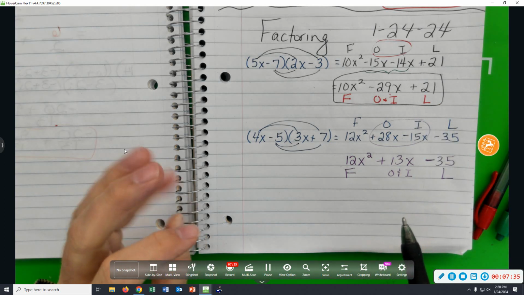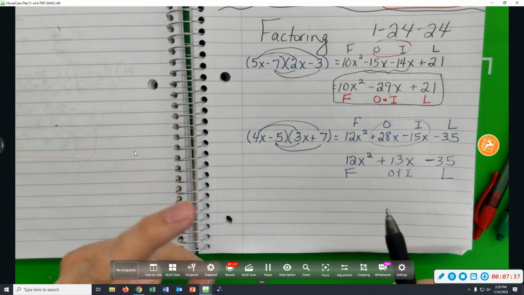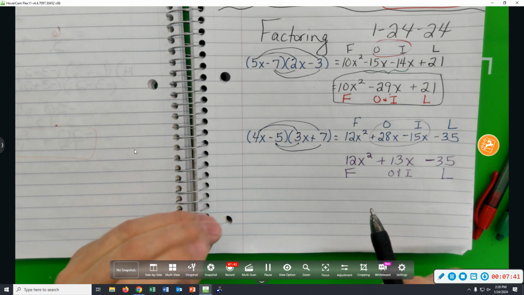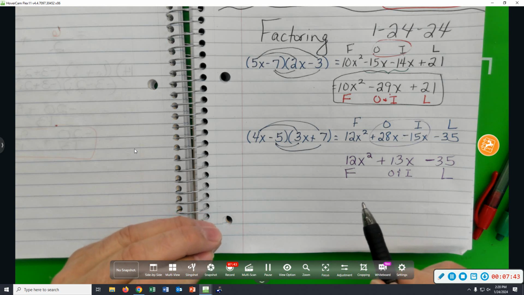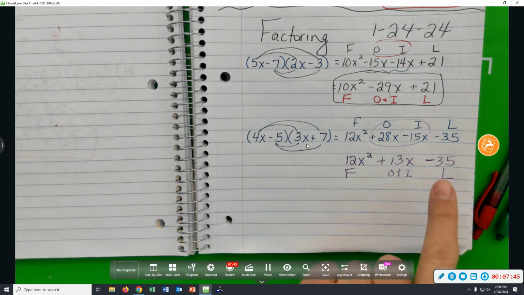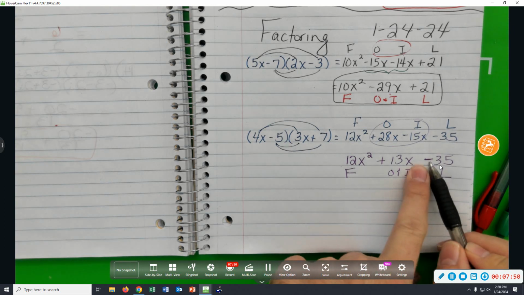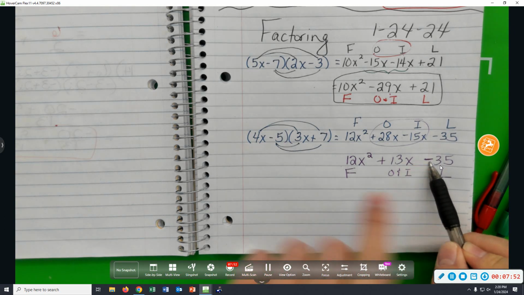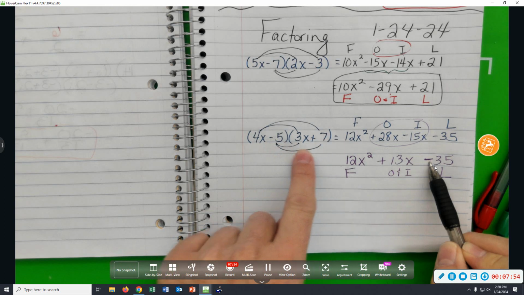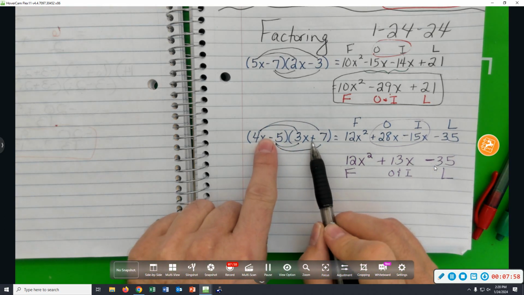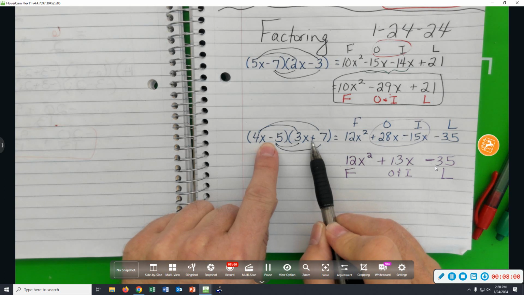One positive, one negative. So on this one right here, if this last number is negative, then realize it's the last two numbers here that are going to give you that negative 35. That means there has to be a plus and a minus there.